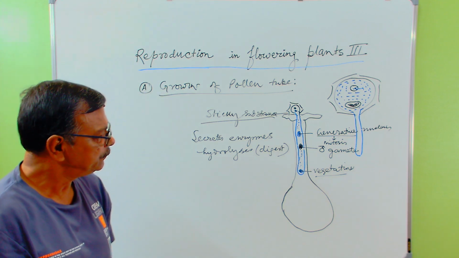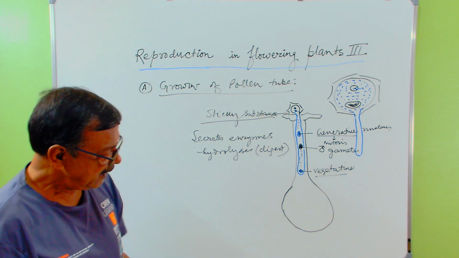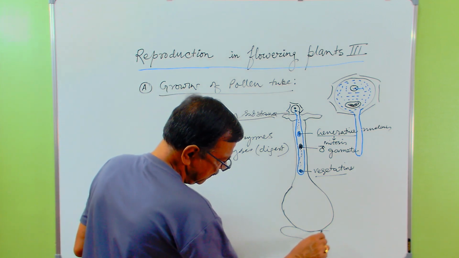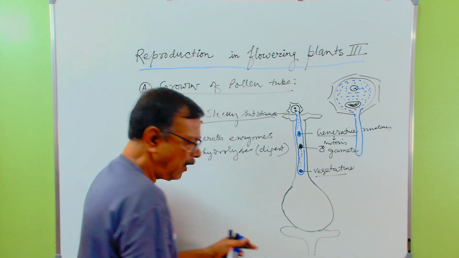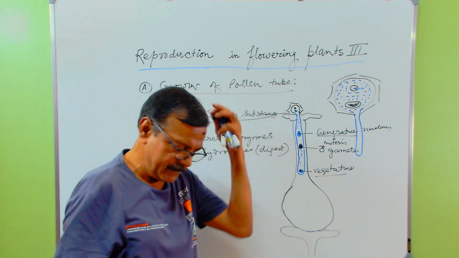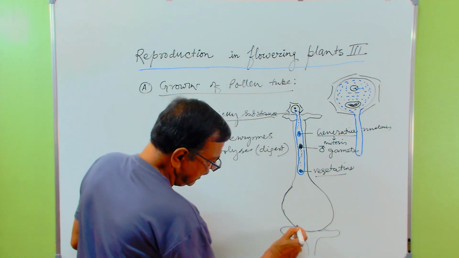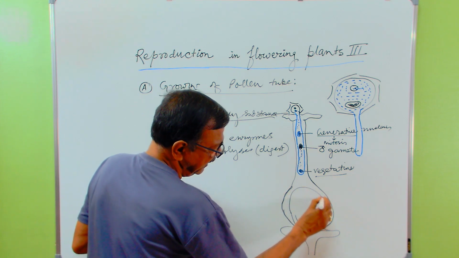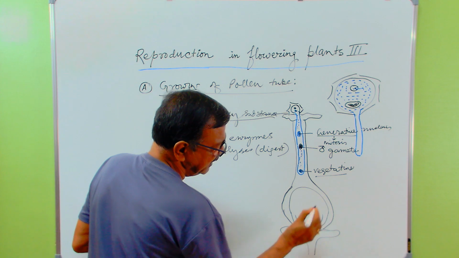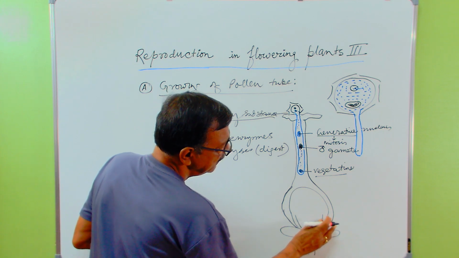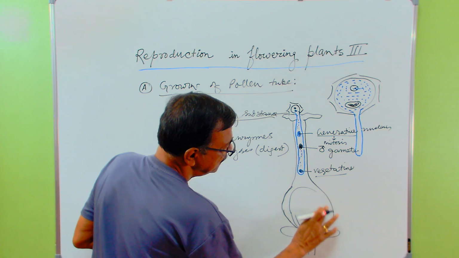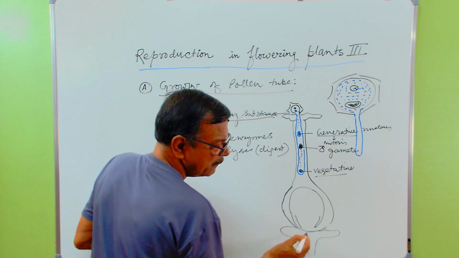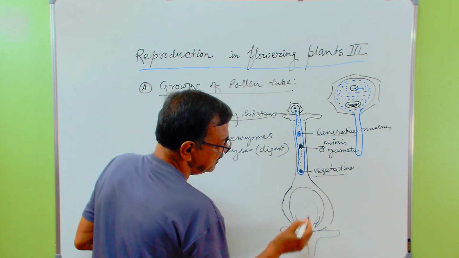Now what happened here? Here we have come across this, known as thalamus, on which the ovary, style, stigma follows, and here is a stalk-like structure. Again, one integument and another integument are there.